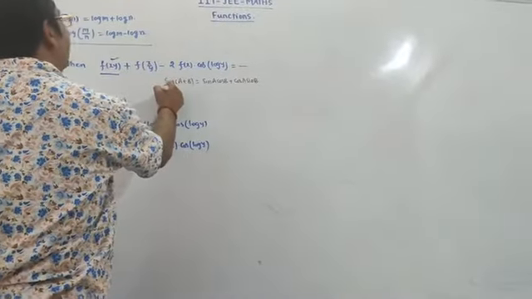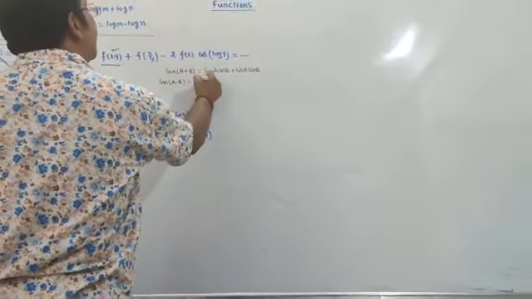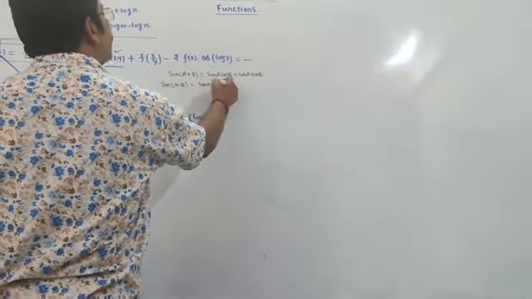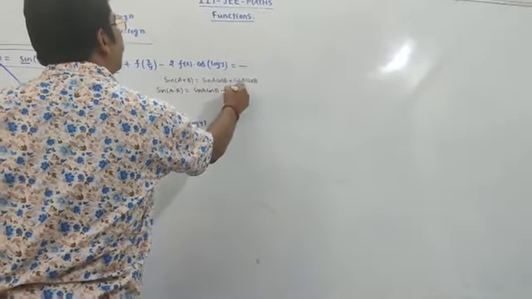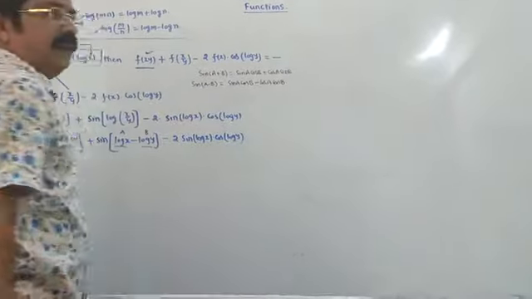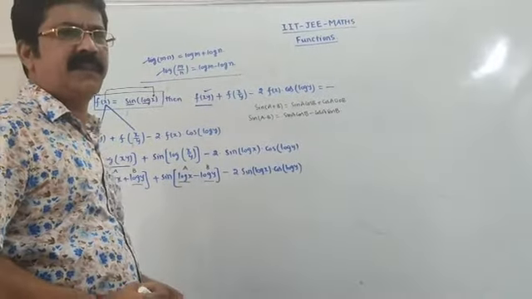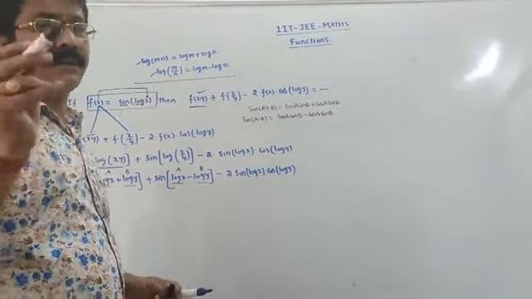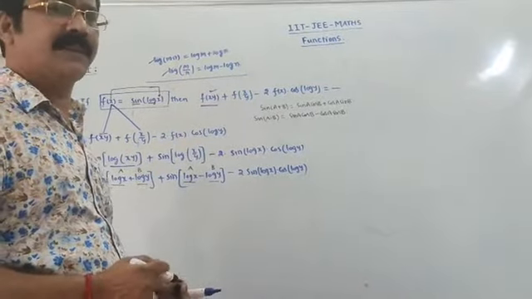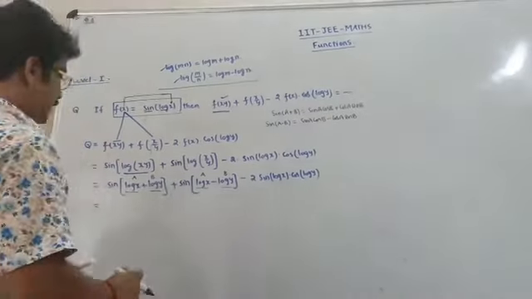And what is sine of a minus b? Sine a cos b minus cos a sine b. Similarly, cos of a plus b is equal to cos a cos b minus sine a sine b. Cos of a minus b equals cos a cos b plus sine a sine b. Already you know this from 11th standard.